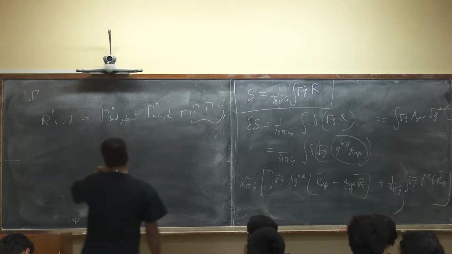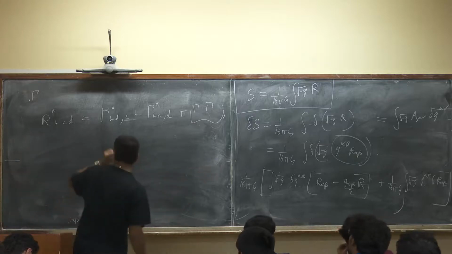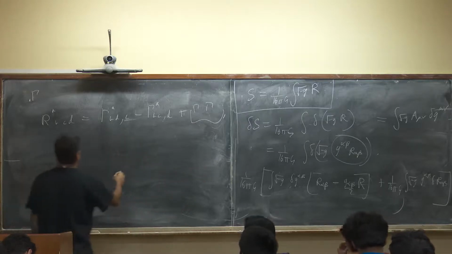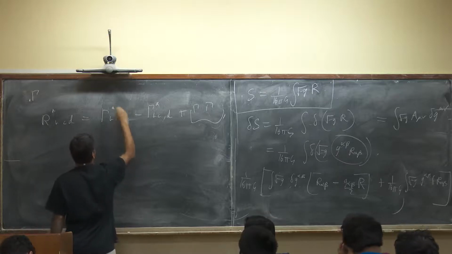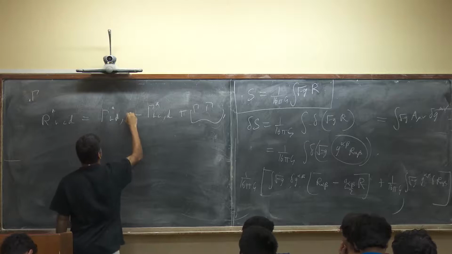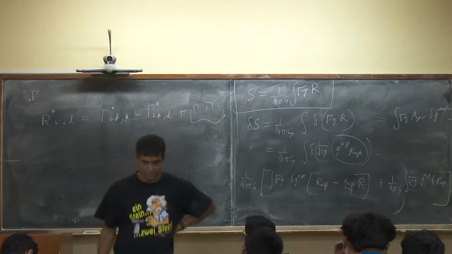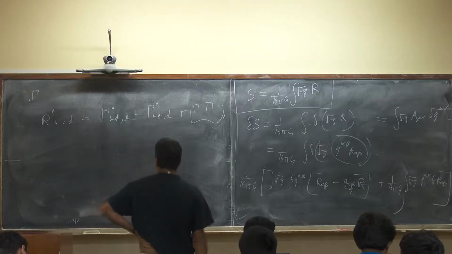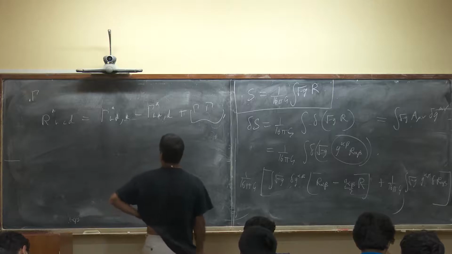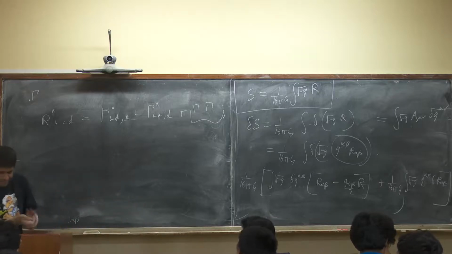Now let's see. We wanted R alpha beta, so we want this contracted, A with C. Is there a nice form?